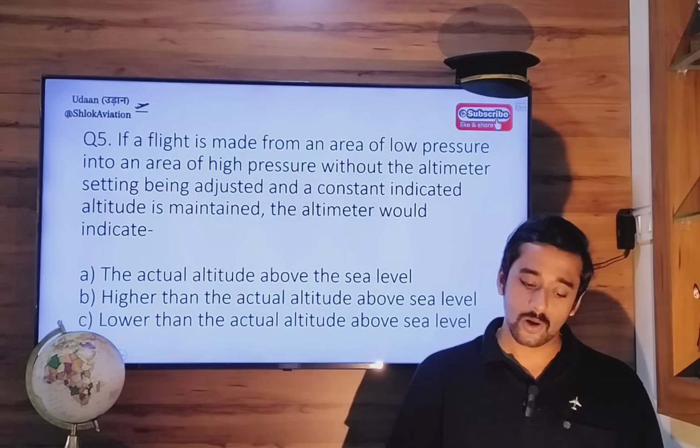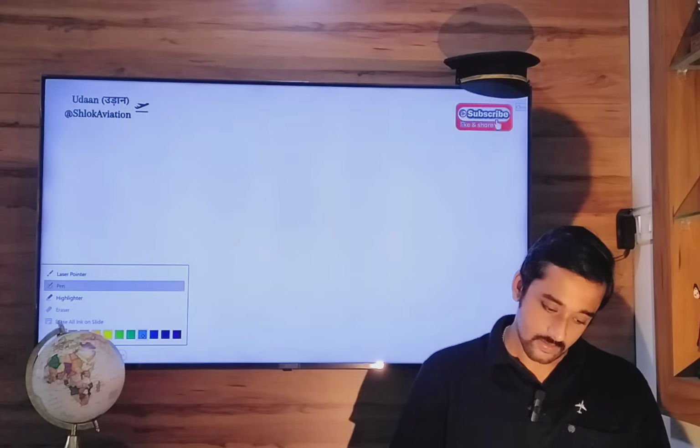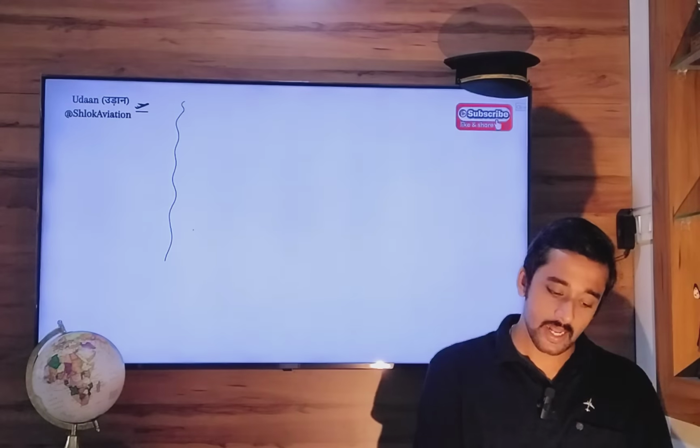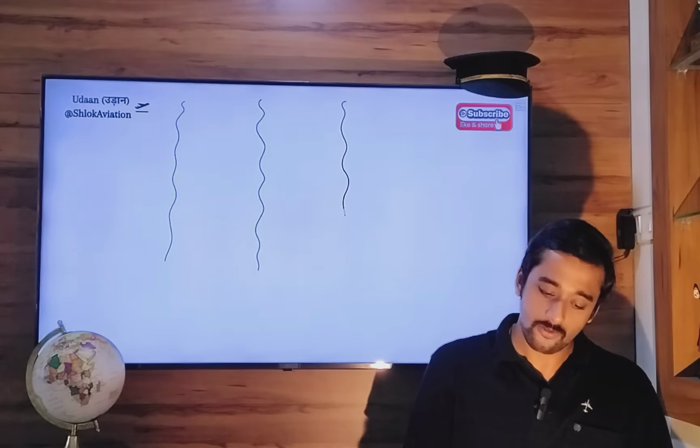If a flight is made from an area of low pressure into an area of high pressure, so let's say this is your area of low pressure and this is an area of high pressure.